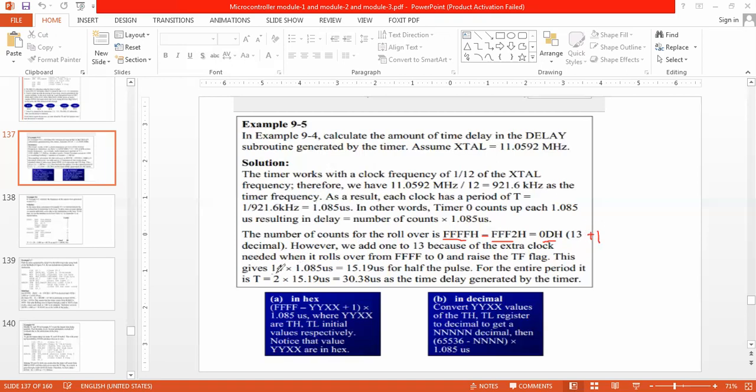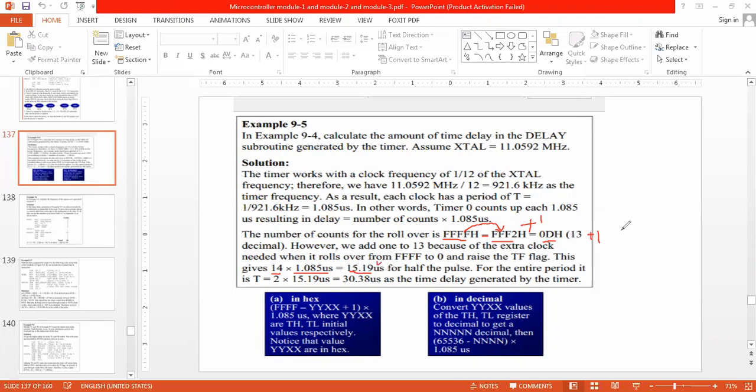This was the example we saw in the last class. 14 into 1.085 microseconds, since each executes in one machine cycle. So 14 machine cycles, from this to this, 13 plus 1, into 1.085 microseconds gives 15.19 microseconds.